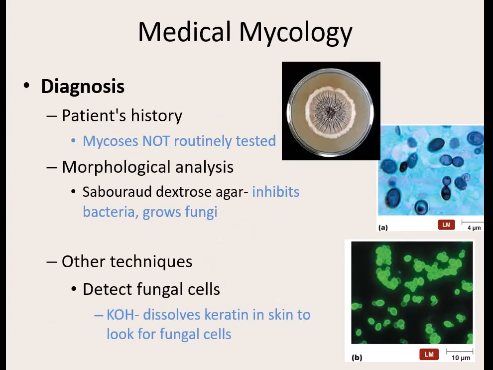Now, diagnosing someone with a fungal disease, one of the easiest, best ways to start is to know their patient history. Because when you go in exhibiting X, Y, and Z symptoms, nurses and doctors will always think bacteria or virus, and so fungal diseases are not routinely tested.